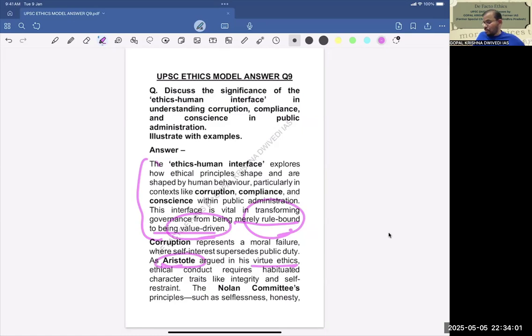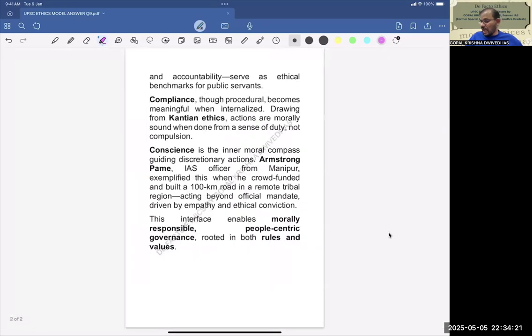Then we are quoting the Nolan Committee, the Committee on Standards in Public Life of the United Kingdom, 1995, which gave a detailed report. Its principles such as selflessness, honesty, and accountability serve as an ethical benchmark for public servants.